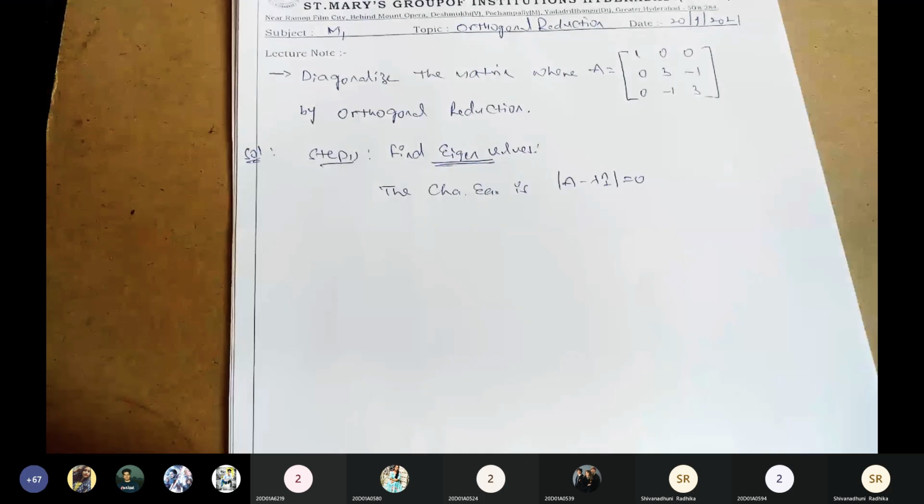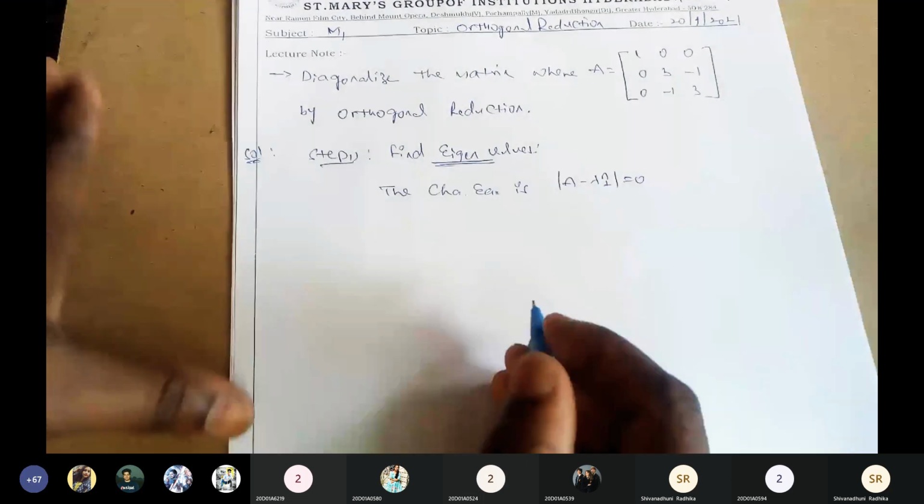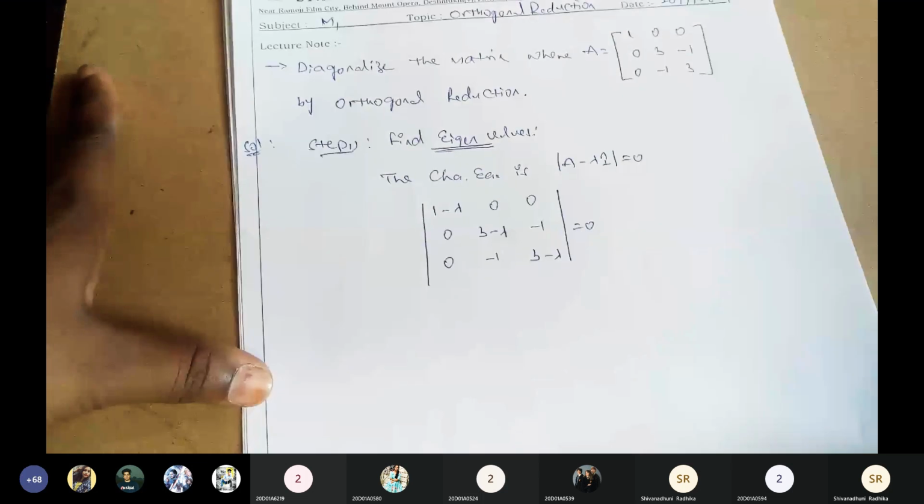Is it clear now? Now, the characteristic equation for the given matrix is: 1 minus lambda, 0, 0; 0, 3 minus lambda, minus 1; 0, minus 1, 3 minus lambda; equals 0.